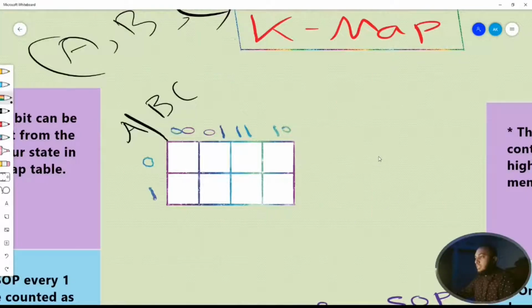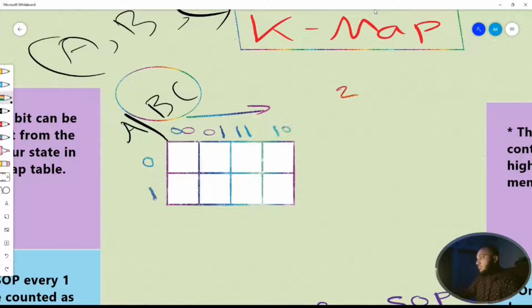I have said that in a K-map table, the neighbor states can change by only one bit from each other. So here we have 2 inputs column wise. That means these 2 inputs will change in the direction of the columns.